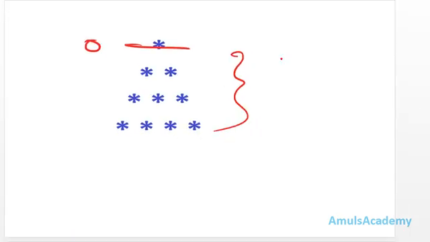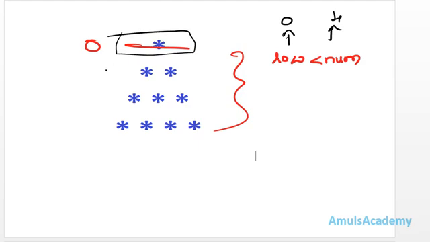Initially we took the row value as 0. So if you enter the input as 4, the num value will be 4. So it will check 0 less than 4. Yes, it is true. So it will print a star in this first row.